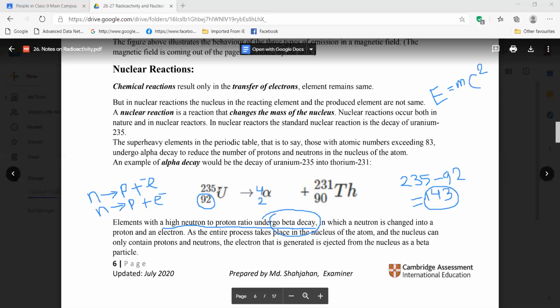When they are converting from uranium to thorium, that time there is a difference between the binding energy. That difference is the mass defect. So this mass is converted to energy when they have the speed of light. That is gamma radiation.